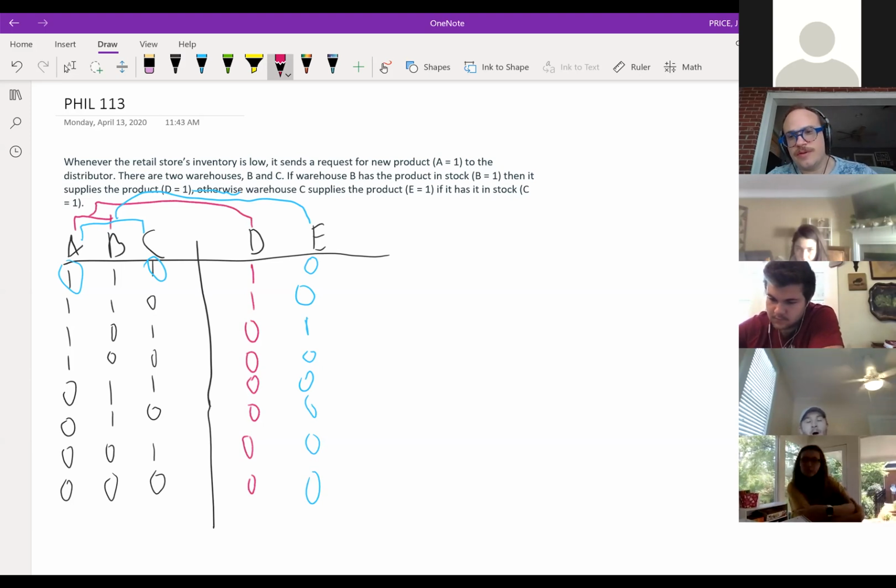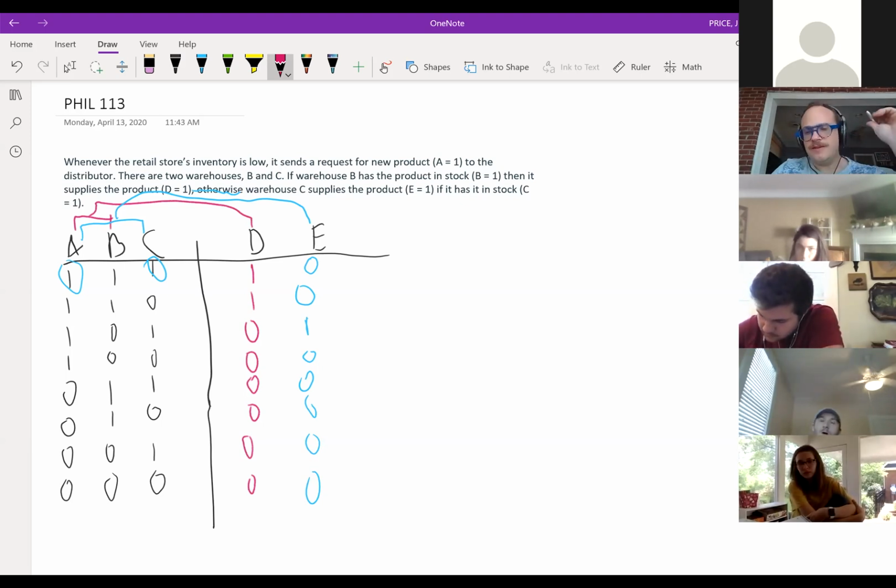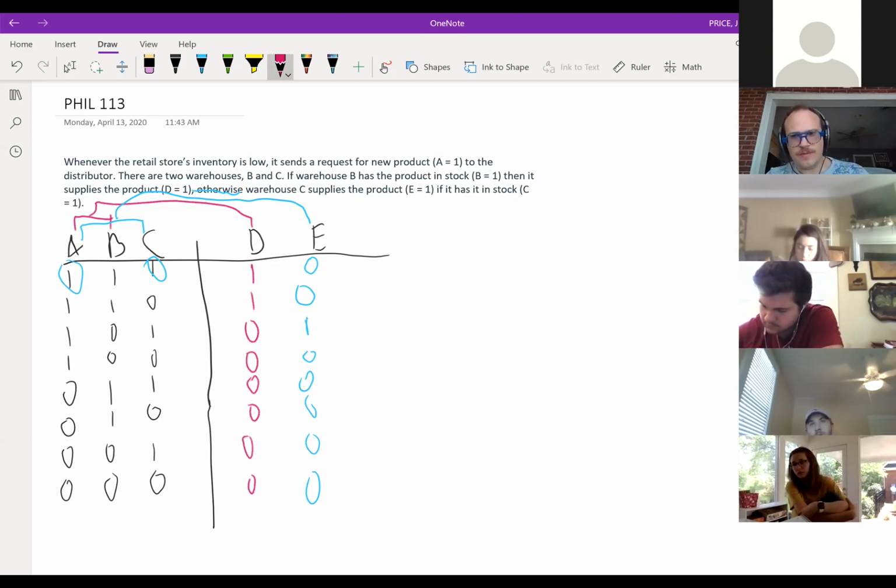So starting with output D, the disjunctive normal form for that would be, and so here's a tip for doing disjunctive normal form. At least for output D, the inputs don't really matter. I mean, input C doesn't really matter.